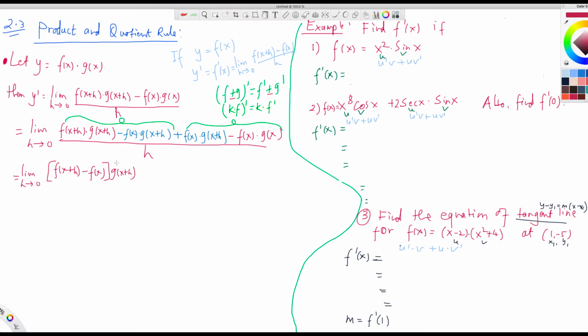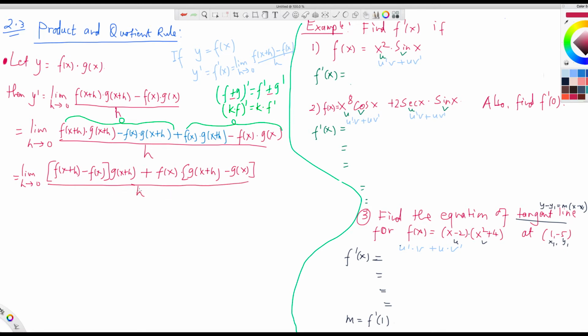I'm taking g of x plus h out, okay, and then plus, what is the common in the third and fourth term? So f of x is common, right? f of x times g of x plus h minus g of x. This is what we get, and whole divide by h.